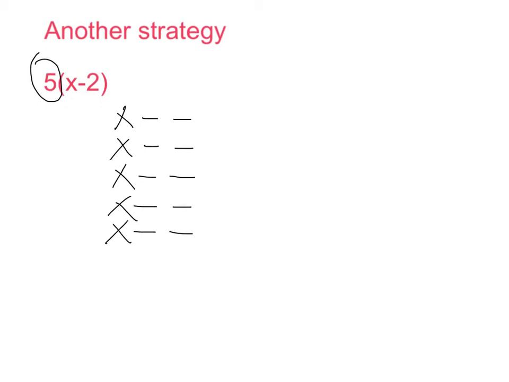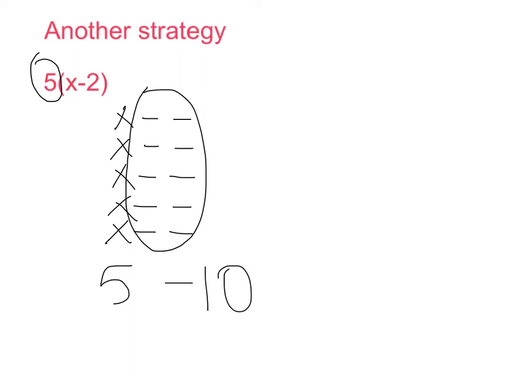Then I can go through and actually count everything up. Here's all my negatives. 2, 4, 6, 8, 10 negatives. And 1, 2, 3, 4, 5 x's. So there's another strategy to help you with the distributive property.